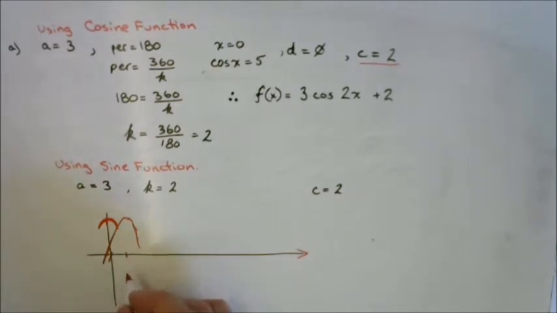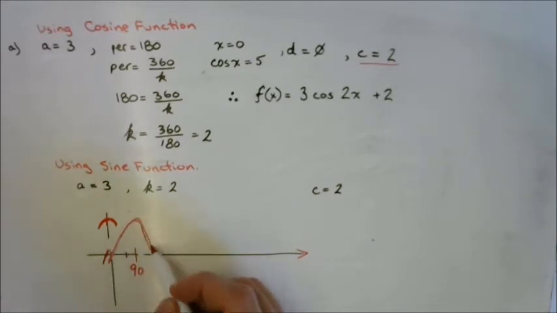Usually hits at 90, okay? So now we're going to say instead of it hitting at 90, we need it to hit at 0. So which way are we going to move this guy? Well, maybe I should restart one more thing. It normally hits at 90.